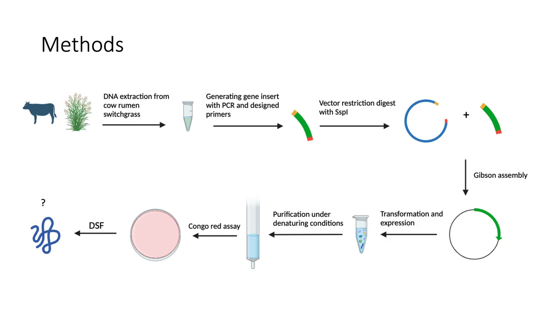This was followed by transformation and expression. After that, we did purification under denaturing condition and dialysis for our sample. We tested for cellulase activity using Congo red assay, and we also did differential scanning fluorimetry, or DSF, analysis in order to analyze the folding of our protein.